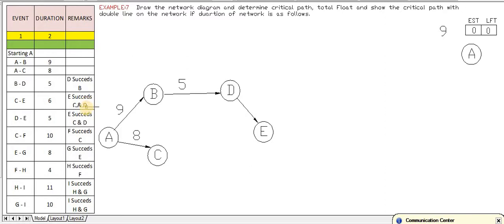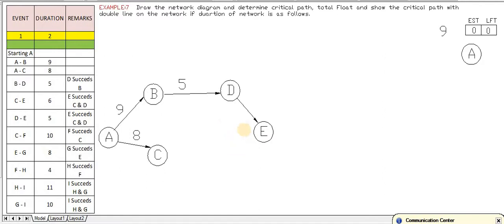What does this sentence say? The remark says E succeeds C and D. So here we have read the fourth line, C to E, the duration is 6, and D to E, that means C is ending with E, D is also ending with E. So C and D are the previous two points, whereas E is the succeeding point.